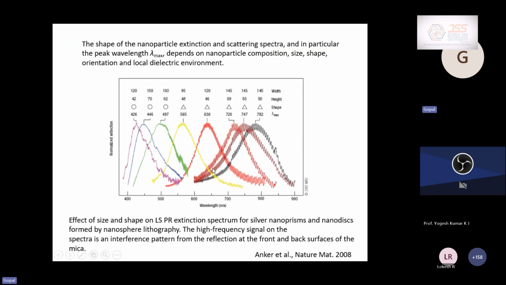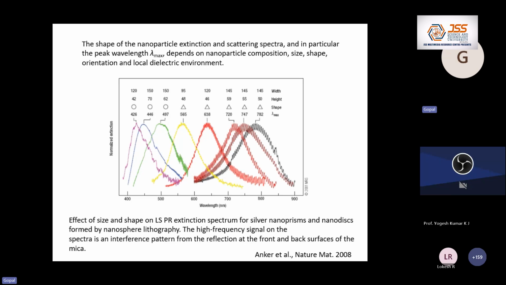Now, the shape of the nanoparticle excitation and scattering spectra, and in particular the peak wavelength lambda, depends on nanoparticle composition, size, shape, orientation, and local dielectric environment.